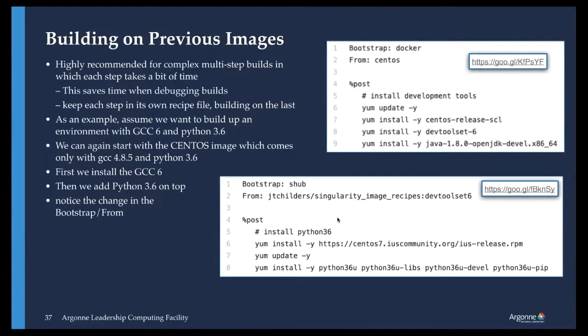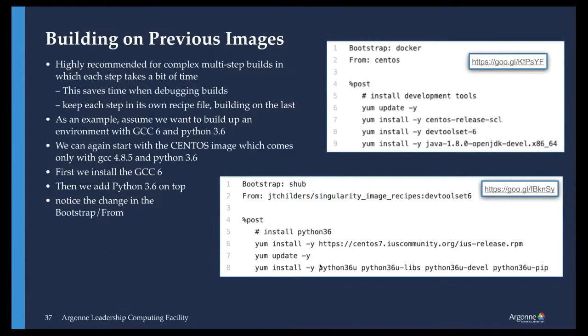So the next recipe on the bottom right pulls that DevToolset 6 image from my Singularity Hub area and adds Python 3.6. So now this derived image would have GCC 6.